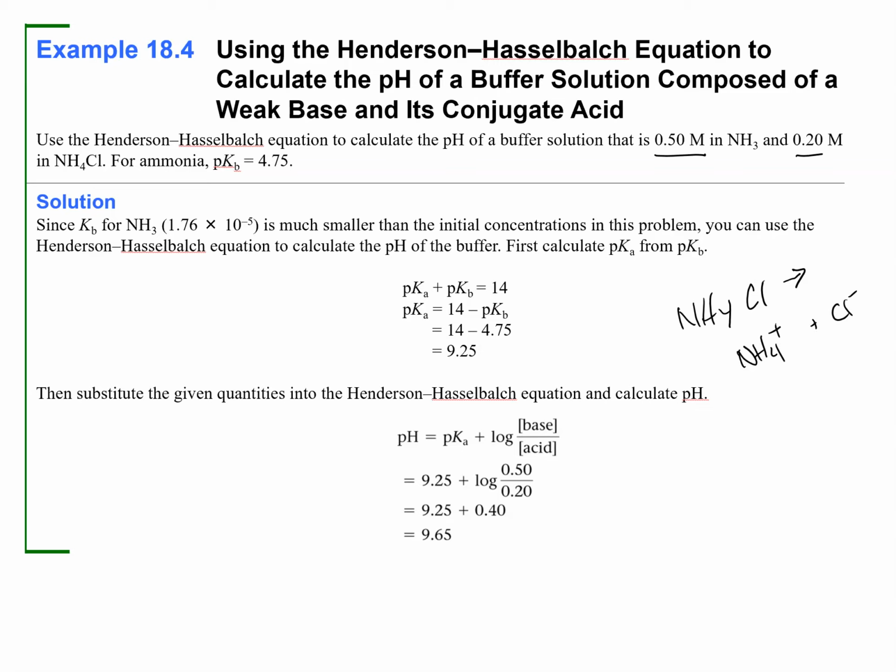And ammonium is a weak acid to which ammonia is the conjugate base. Conversely, ammonia can be considered a weak base with ammonium being its conjugate acid. So knowing this now, erase all of this.